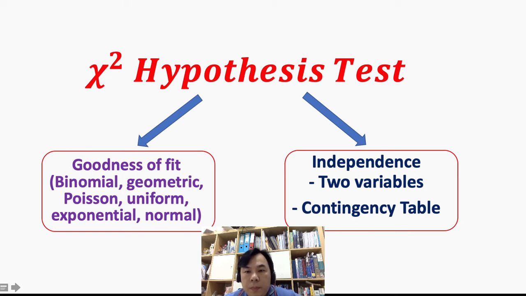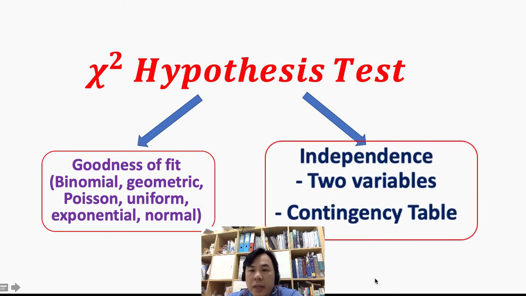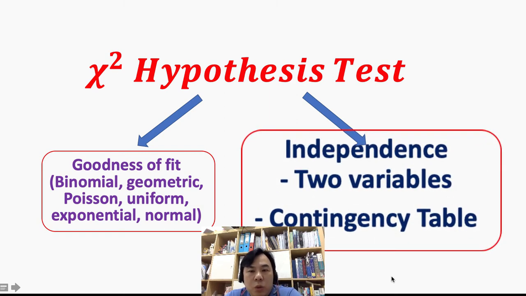All right. Now you have seen some of the illustrations on how to apply the technical analysis using chi-square hypothesis for goodness of fit. All right. So now we're going to move on to the next function of the chi-square hypothesis test, which is independence between two variables.